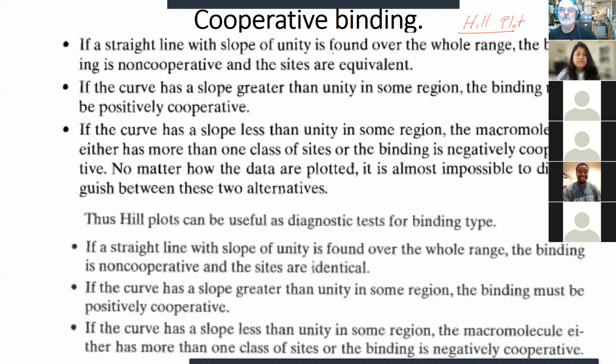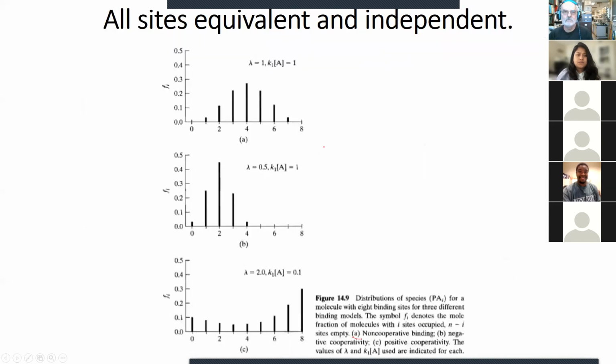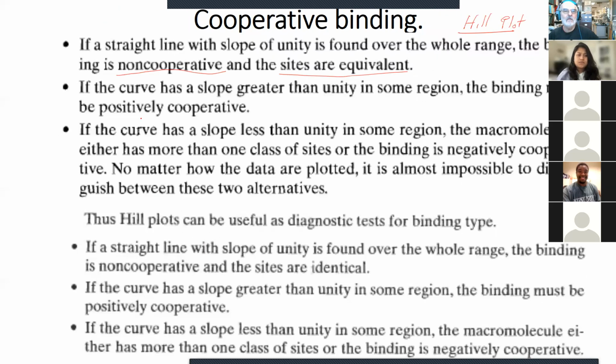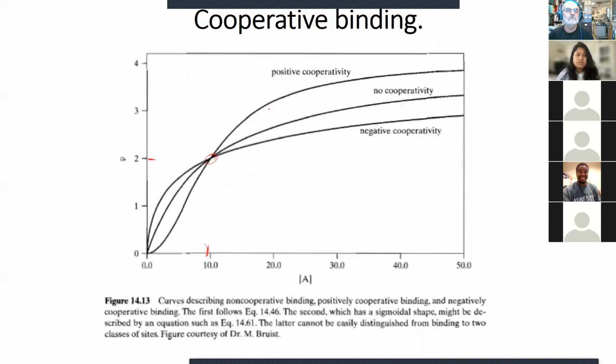If a straight line with slope unity is found over the whole range, the binding is non-cooperative and the sites are equivalent. Okay, so that's in one of the plots, this one right here. If the curve has a slope greater than unity in some region, then the binding must be positively cooperative.